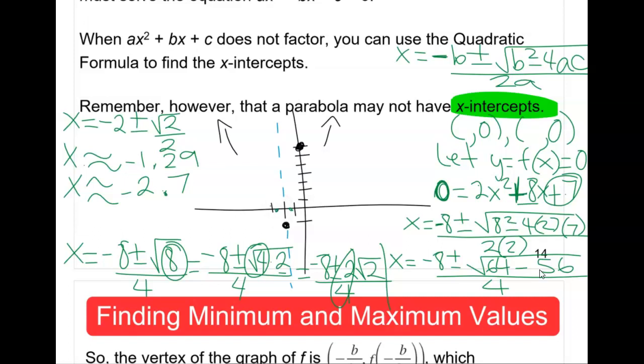All right, and so now I'm going to connect the vertex with the x-intercept, and then with the y-intercept, of course. And then remember, it's symmetric with respect to the axis of symmetry, so it's going to look something like that.